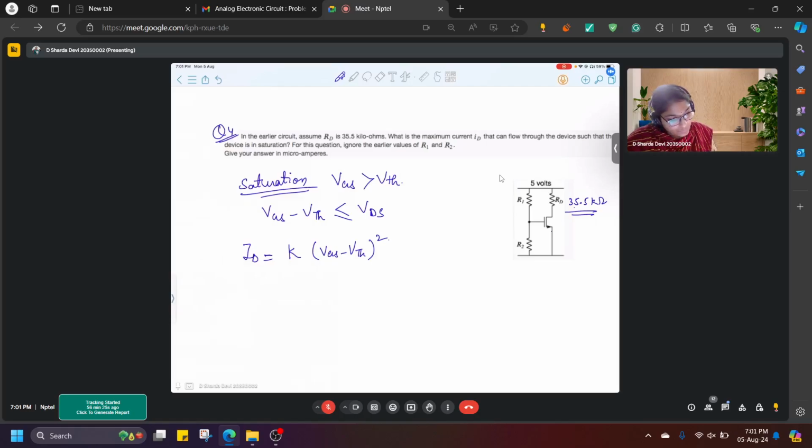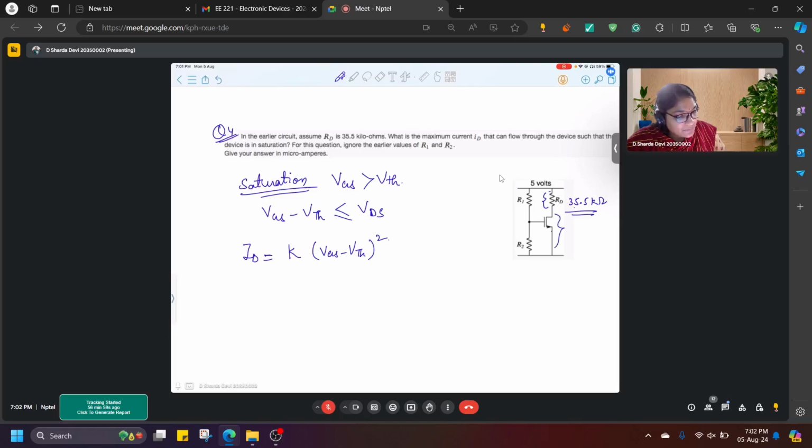Here we want maximum current. So for maximum current, if there is a maximum current, then the drop across this will be maximum.